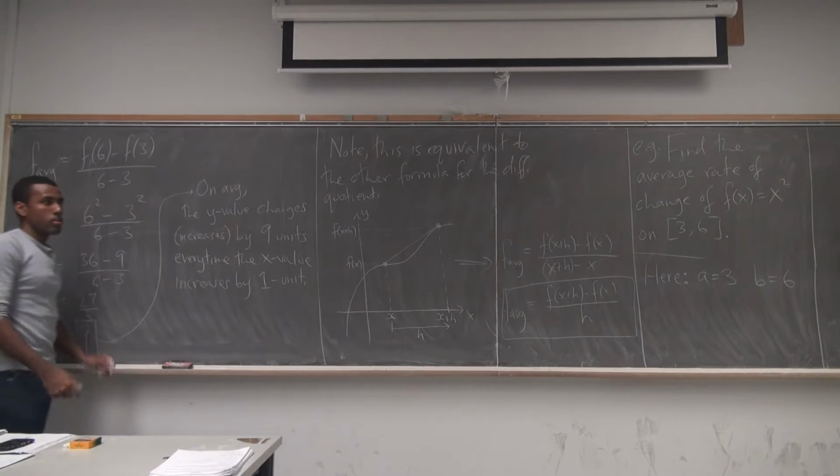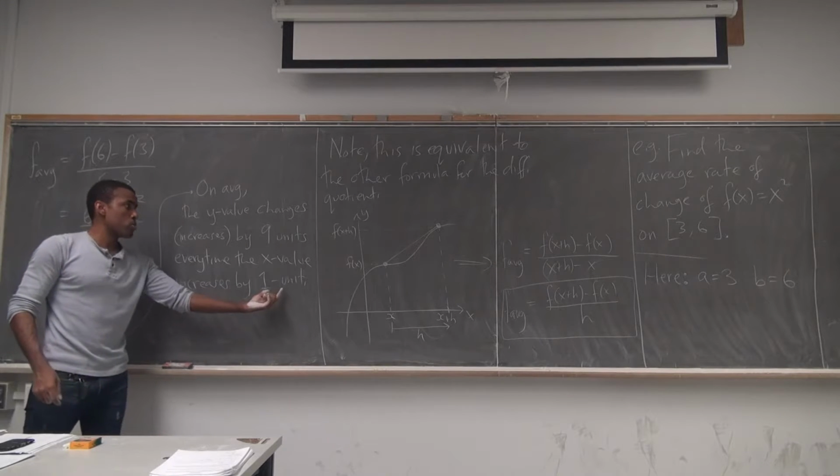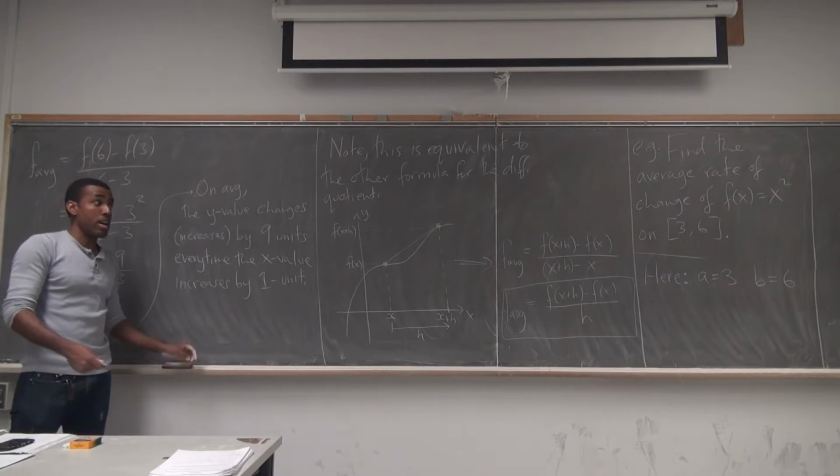Right? That's how you can think of it. How fast is this guy changing with respect to that guy? Right? Every time your run moves by 1, your rise will move by 9 on average.